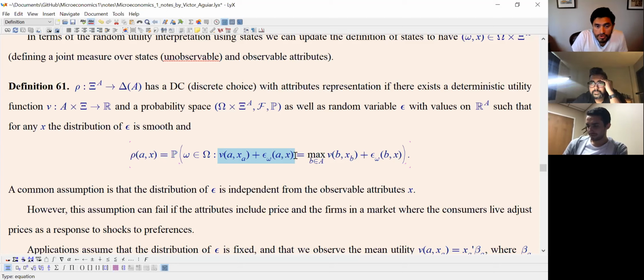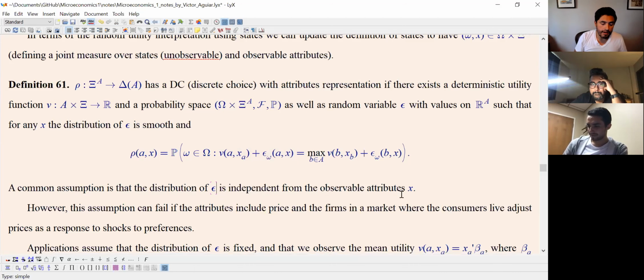The first assumption that people sometimes make to be able to estimate it in real life is that the epsilon shocks are independent from observable attributes. If they're independent, then what Schumann said is true: there is this additive structure that creates this separability. Of course, this makes it a special case of random utility, so there are some models in random utility that cannot be covered by this.